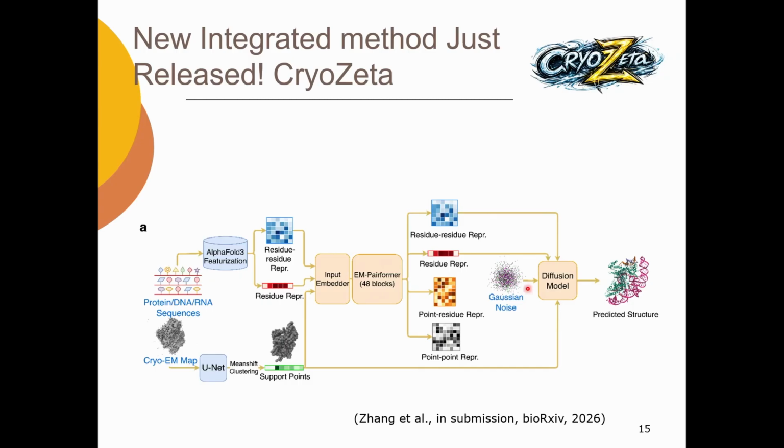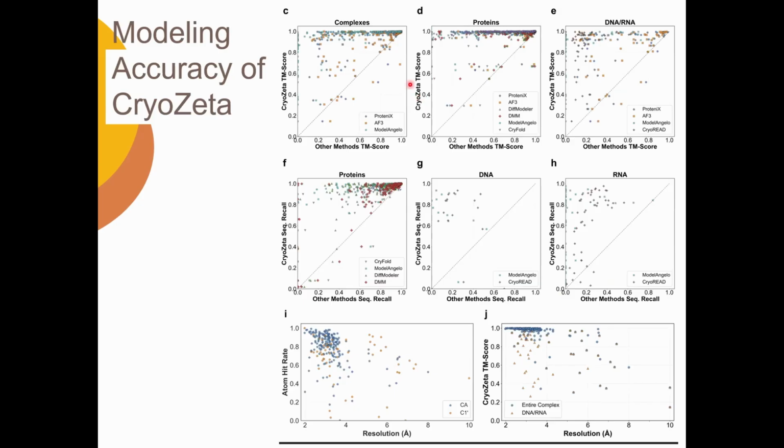So in short, CryoZeta is a fully integrated macromolecular structure modeling deep learning method under the condition of the density map. This is some of our comparison. This compares our method on the y-axis relative to other methods, and the performance is really good, even against our earlier methods.